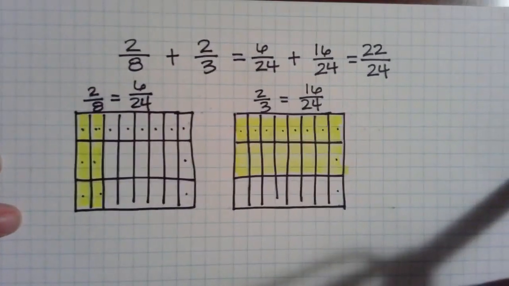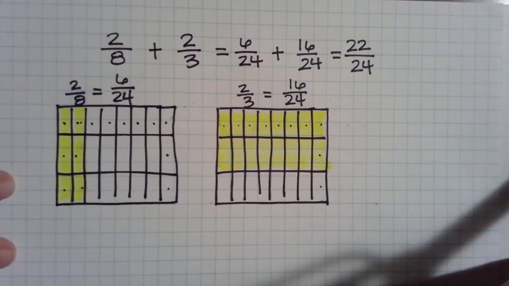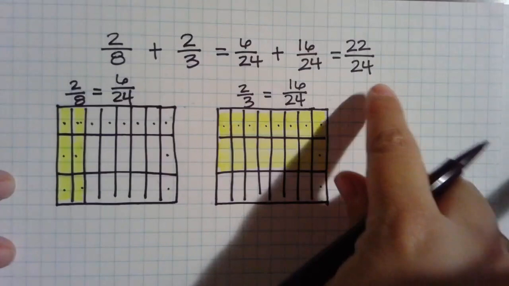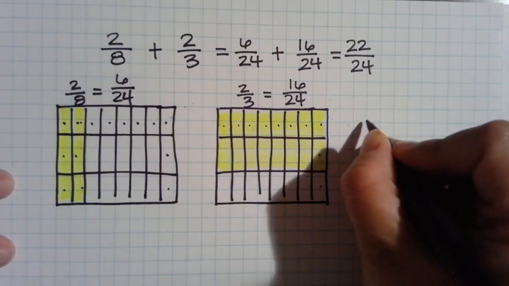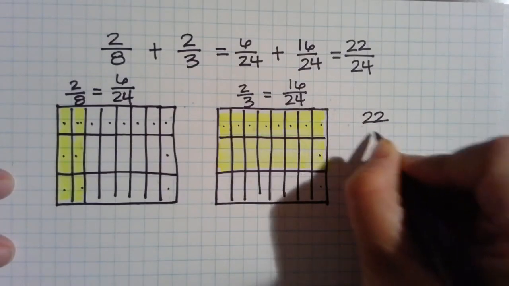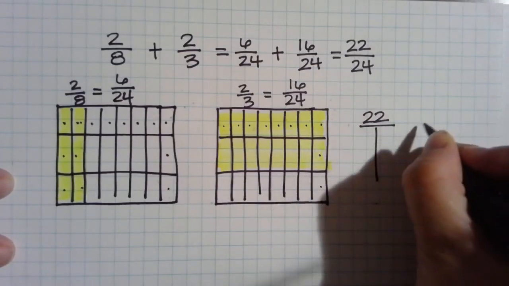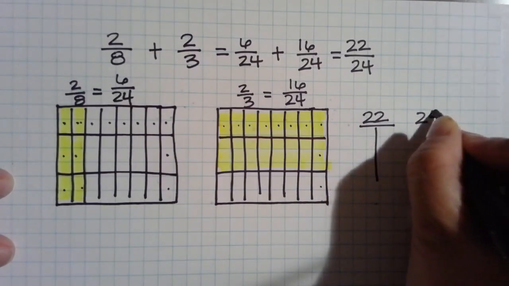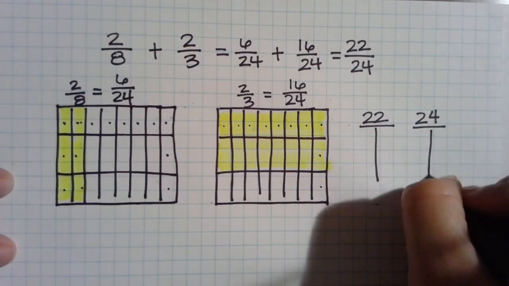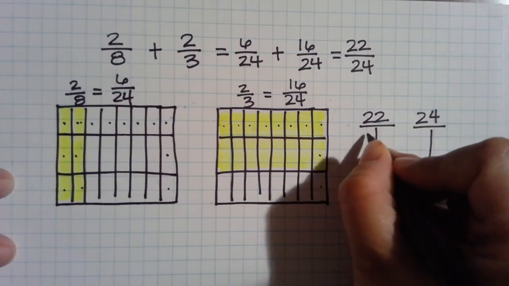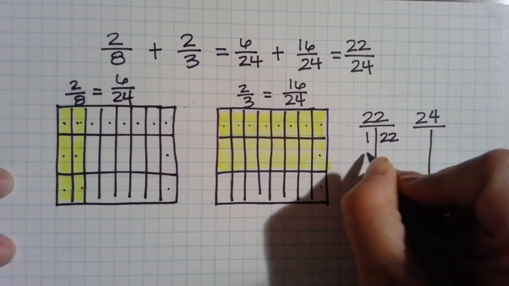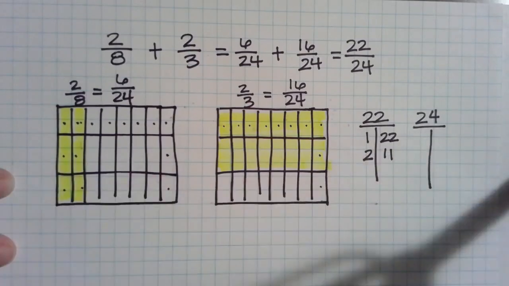Okay, and just like I've told you guys, last step after you have your answer is to try to simplify that if possible. Okay, so I'm going to make my t-chart for the 22 and t-chart for the 24. Okay, so factors for 22: 1 times 22 and 2 times 11, and that's it.